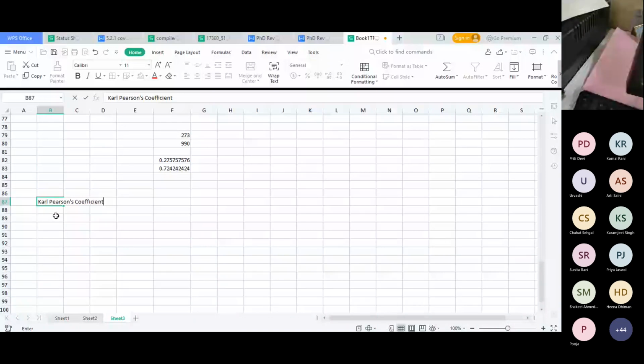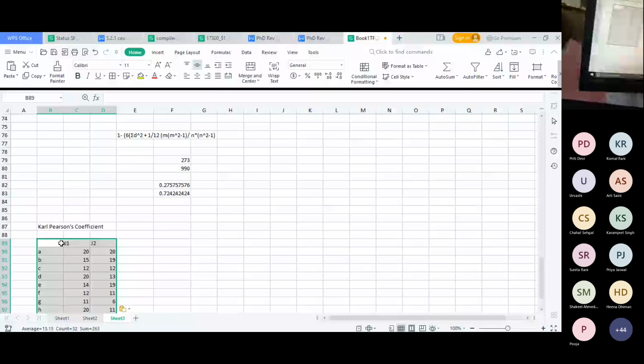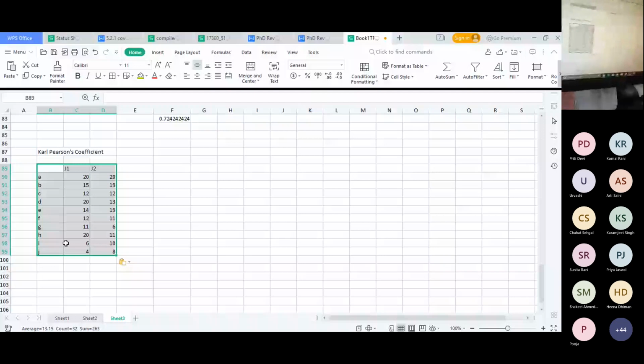Fine. Now let's take the same data, but with it we have to calculate Karl Pearson's coefficient of correlation, not the Spearman rank correlation.